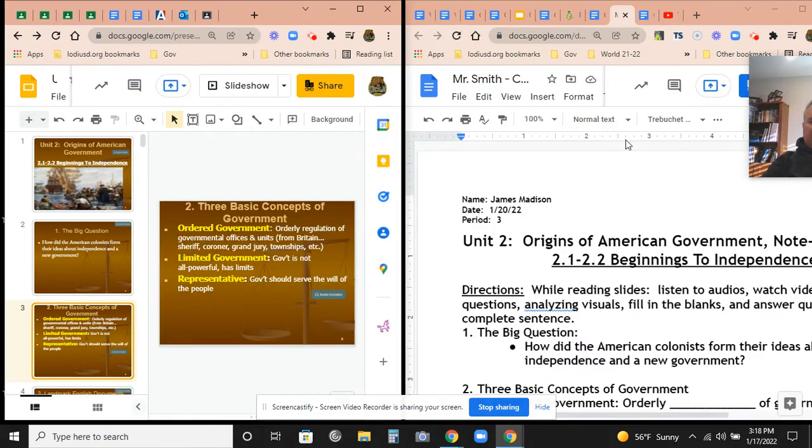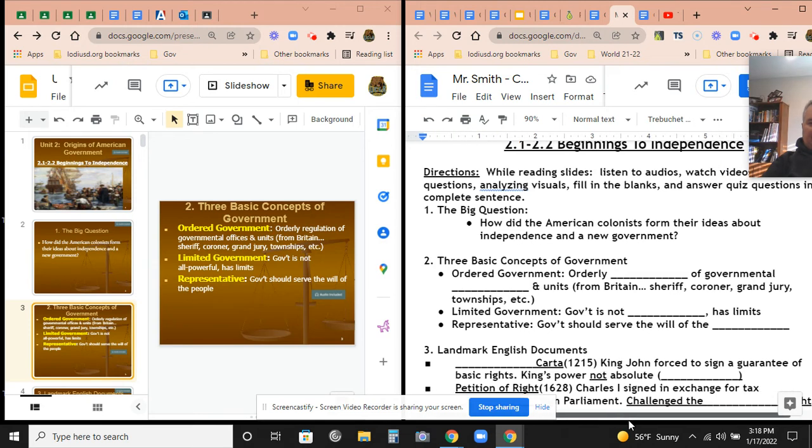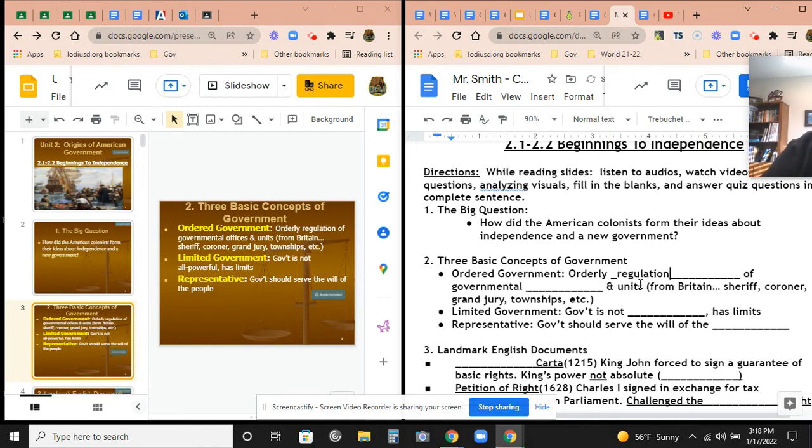I've already split my screen. I suggest you do the same. I'm going to go ahead and shrink it just a hair and then move it over a hair. Either when we're finished or when we start, write in the notes. Go ahead and clean up the little blanks. Government regulation. Government offices.